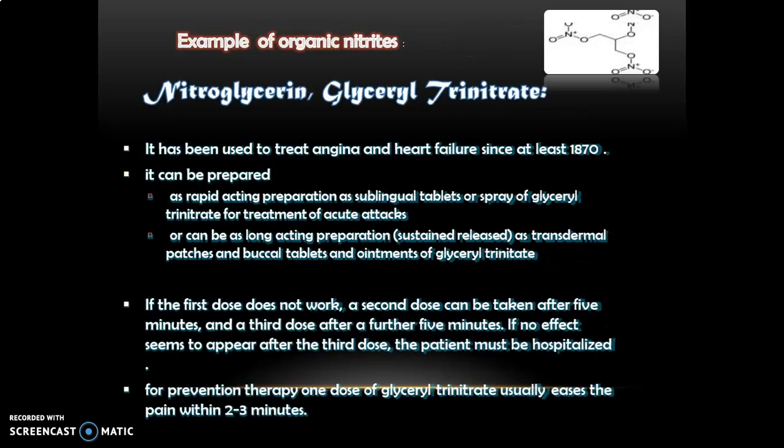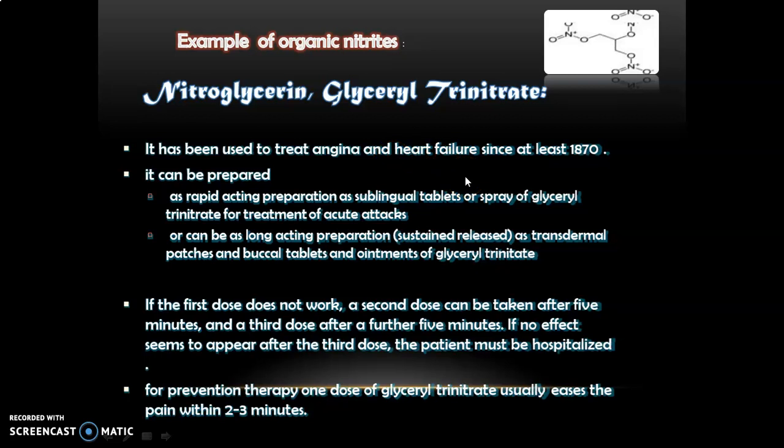So, examples of organic nitrates: nitroglycerin and glyceryl trinitrate. Look at the structure. This is glycerol with trinitrate, which is called glyceryl trinitrate. It has been used to treat angina and heart failure since 1870.